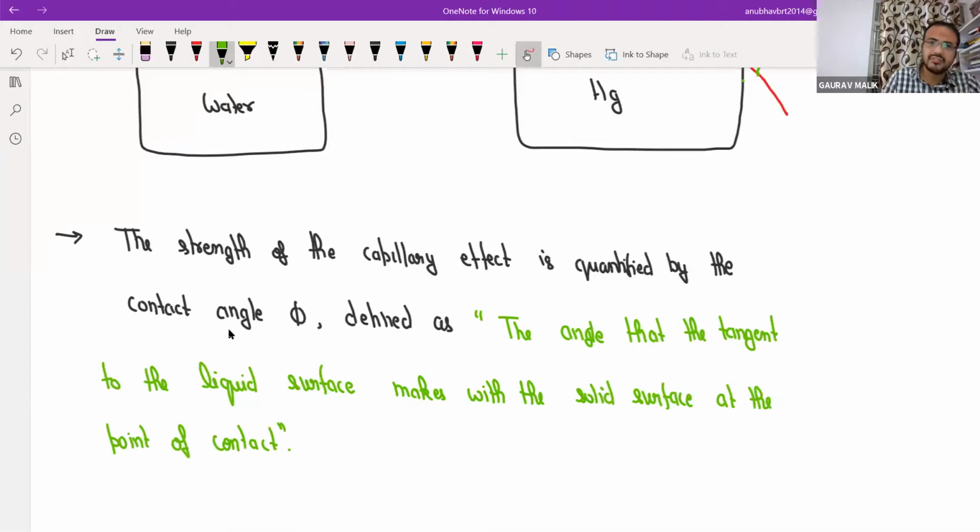This is the fundamental definition of contact angle.